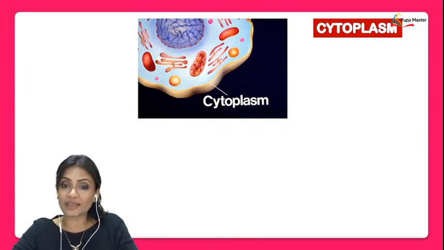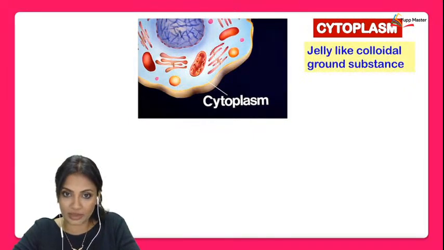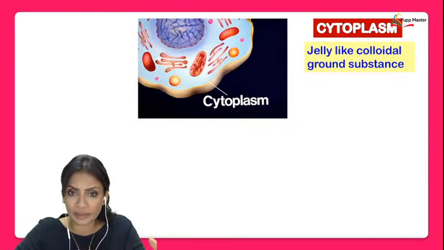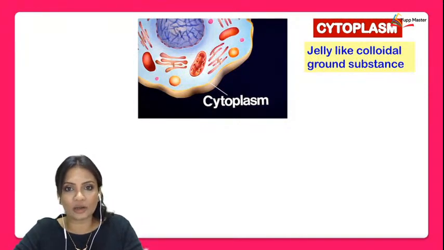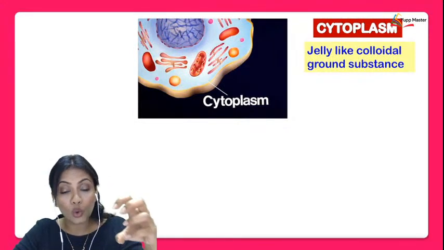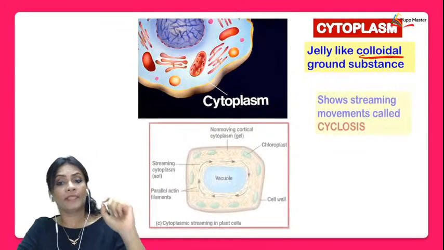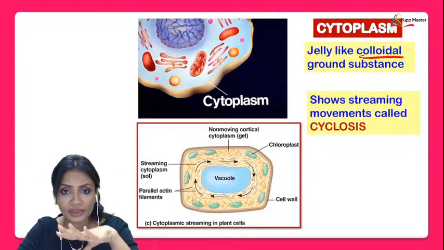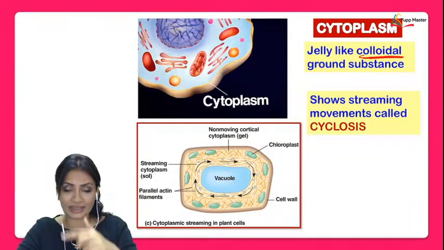Alright. Next, moving on towards the cytoplasm. Do you remember that the cytoplasm was a semi-solid jelly-like substance, okay, and it was a colloid substance, which means that when you observe it under the microscope, it looks like it is just one big substance, one big jelly. But inside that jelly, there are various cell organelles embedded inside. But the cell organelles are not dissolved. They are in their own state. That's why we're going to be calling it a colloid-like substance. Okay. Then we see that it shows streaming movements. The cytoplasm of a eukaryotic cell has the ability to circulate within its cell, okay.